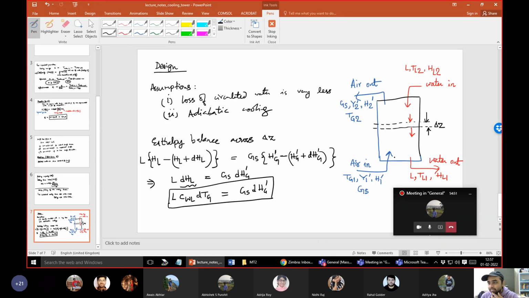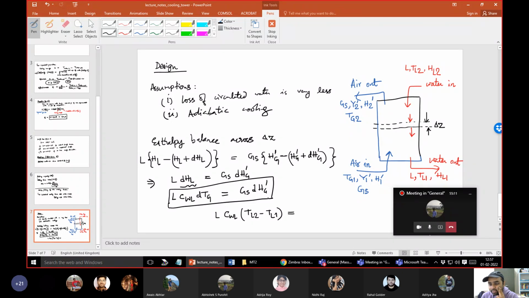One interesting observation or interpretation that you can bring in is this: if you make the enthalpy balance across this whole tower, what do I get? I can easily write L C_WL times the change in the temperature. So TL2, the inlet temperature, is higher than the outlet temperature for the water.